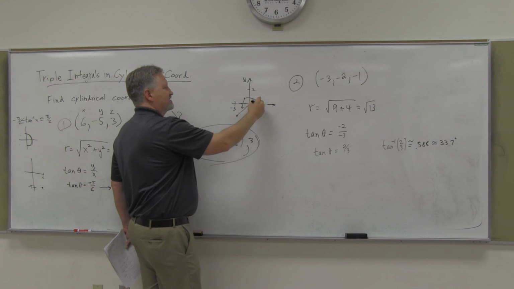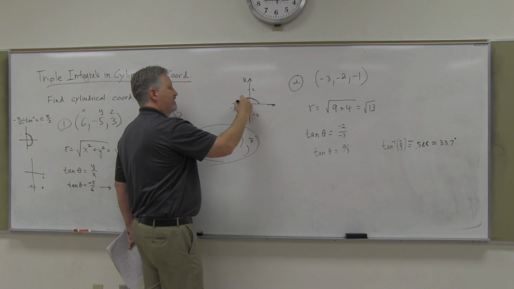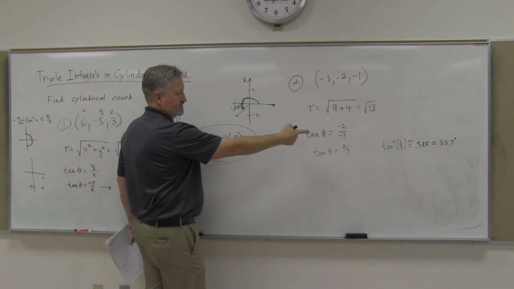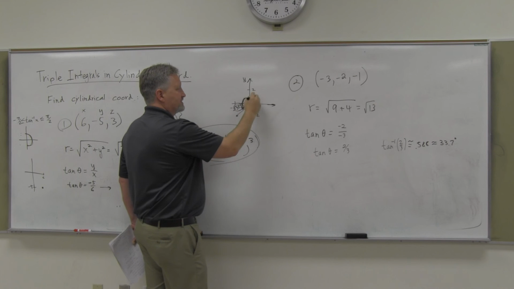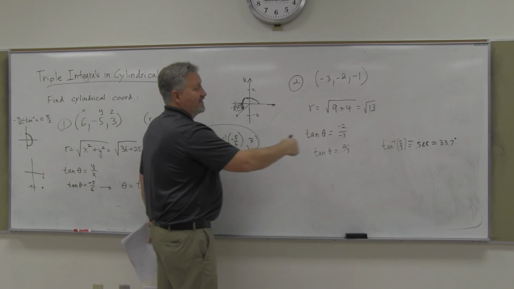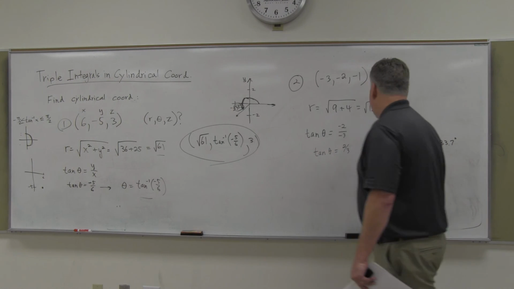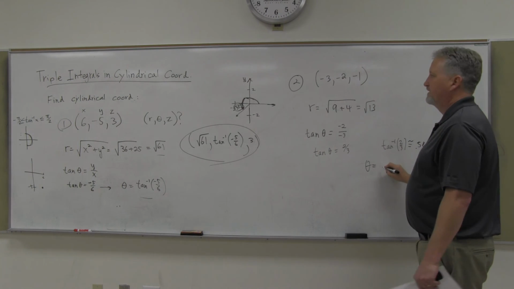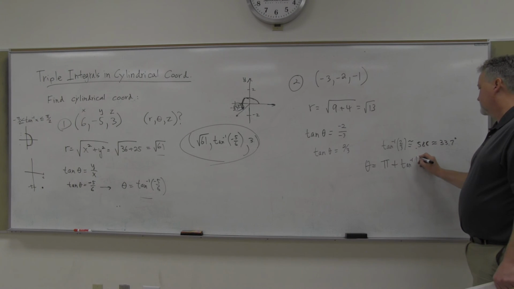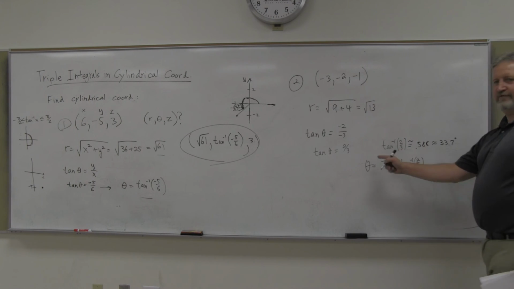Well, I need to take this angle pi and then add this right here, 33.7, or the tangent inverse of 2/3. So it's pi plus 180 plus 33. So here's how they'd write it. Theta actually is pi plus tangent inverse of 2/3. You with me? That's what theta is going to be.